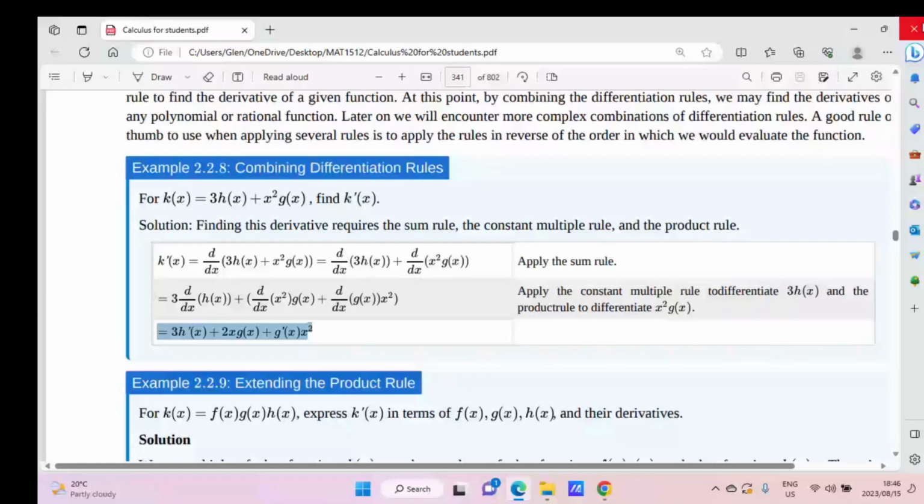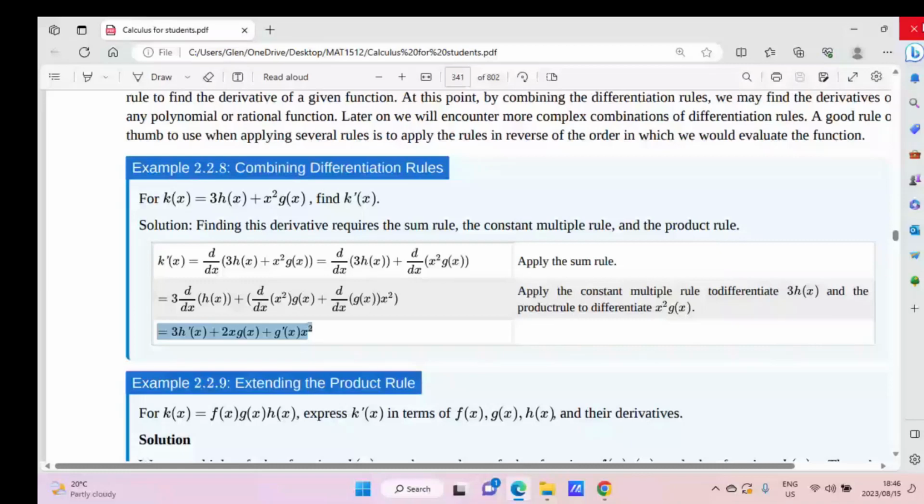Okay, Lerato, the product rule has no limit, as long as you have functions multiplying other functions. For example, if you have x squared multiplied by 4x multiplied by 5x to the 4th multiplied by 6x, those are products. Yes, you can multiply them, but when you find the derivative, it's going to be hard.